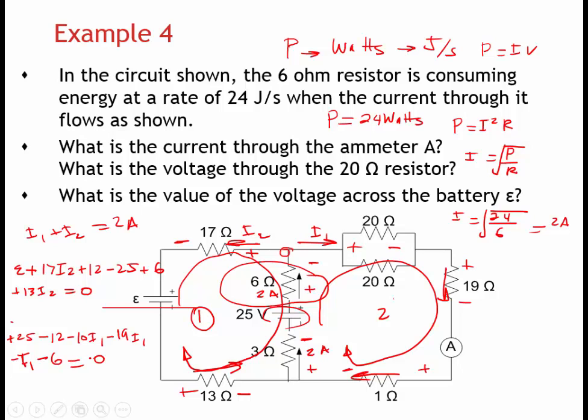Now if we solve for I1, we should be able to determine the current through the ammeter, because the current passing through the ammeter here is basically I1.